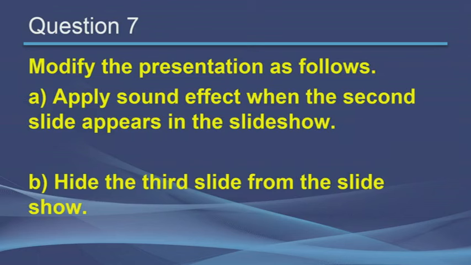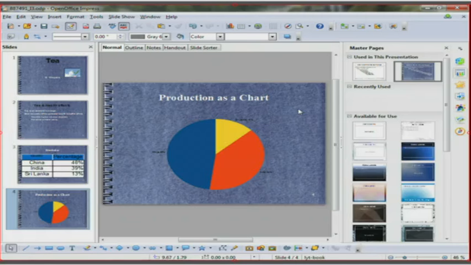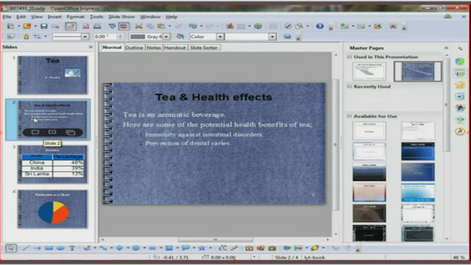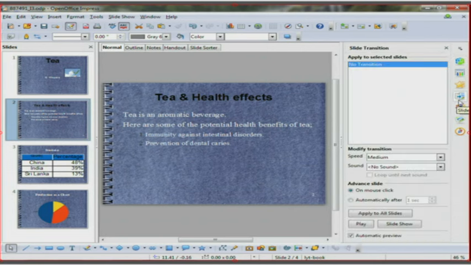So, let us see how to add a transition sound. First, you have to go to the second slide. So, let us select the second slide, and to add the transition sound, you have to go to the right hand side. You can see all the buttons. There you can see slide transition.